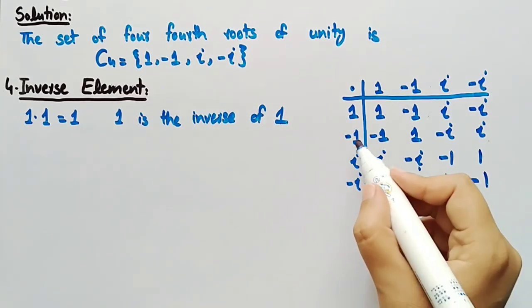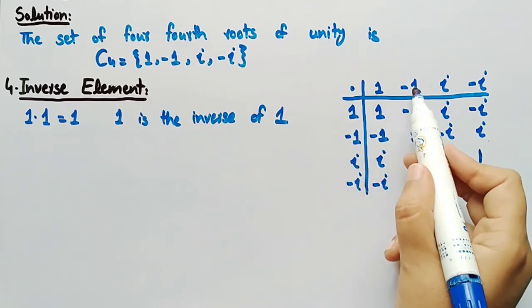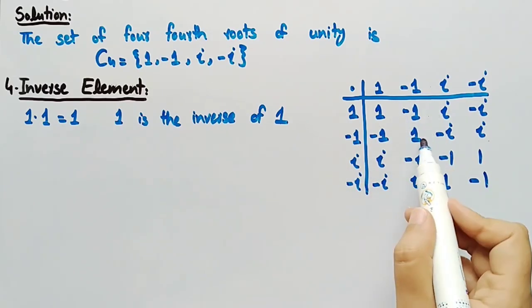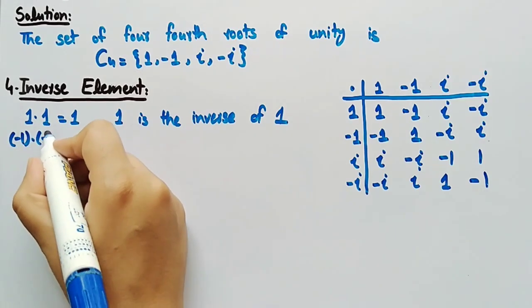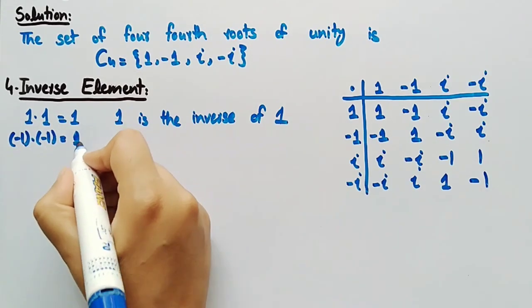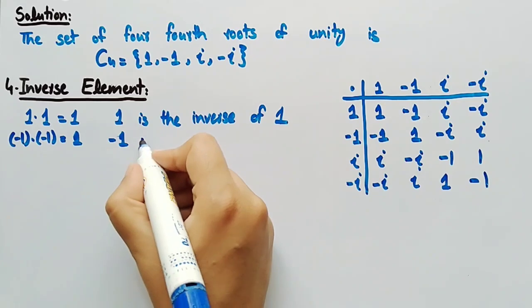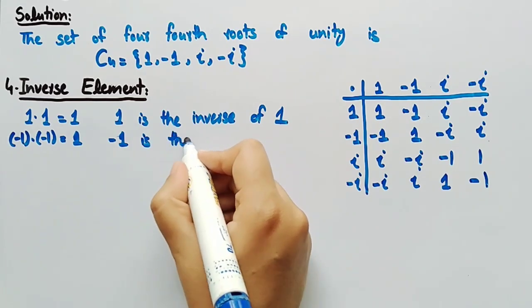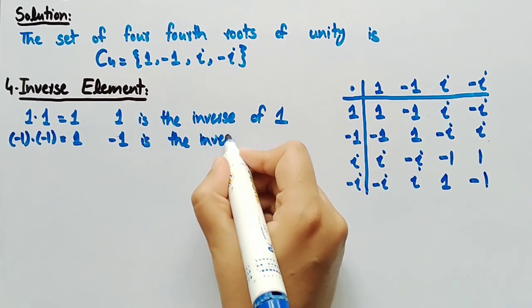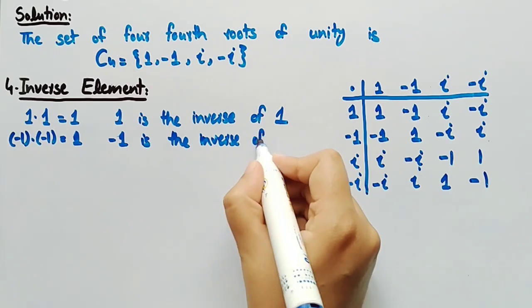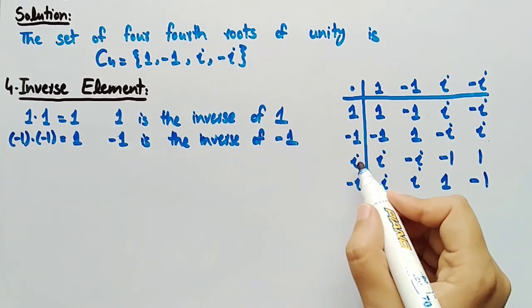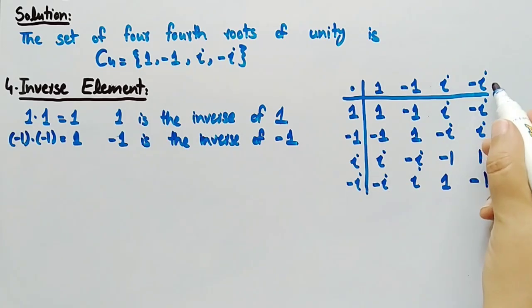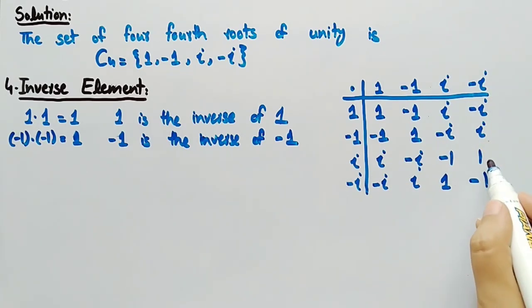And when we multiply -1 by -1, we get the identity element 1. So -1 is the inverse of -1. When we multiply iota by -iota, we get the identity element 1.